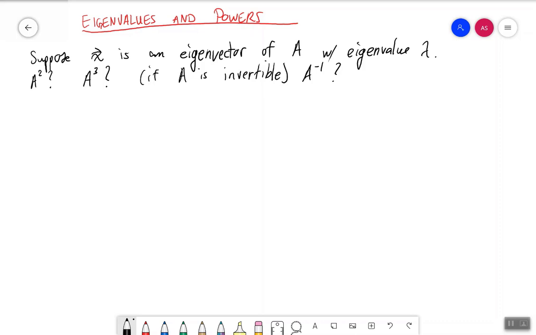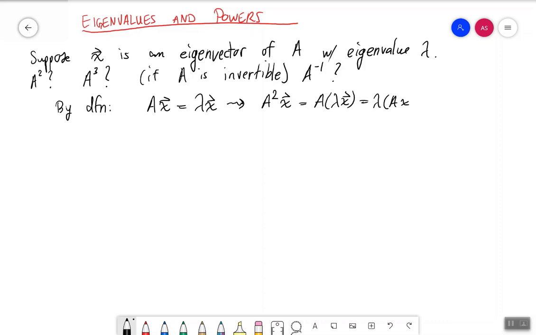By definition of eigenvalue, we know that Ax is lambda x. This is the definition of eigenvector and eigenvalue. Multiplying both sides by A on the left gives us A squared times x is equal to A times lambda x, or in other words, by pulling out the lambda, lambda times Ax.